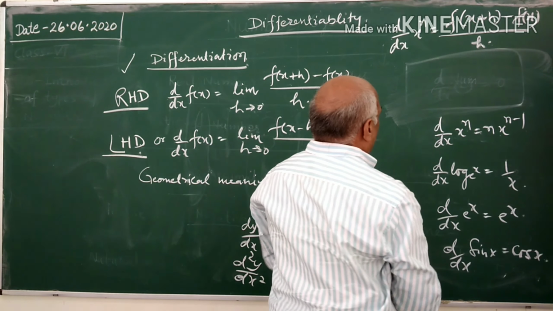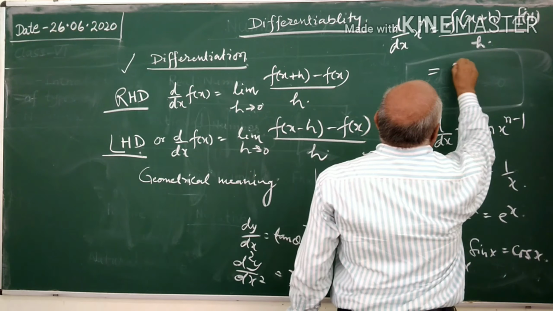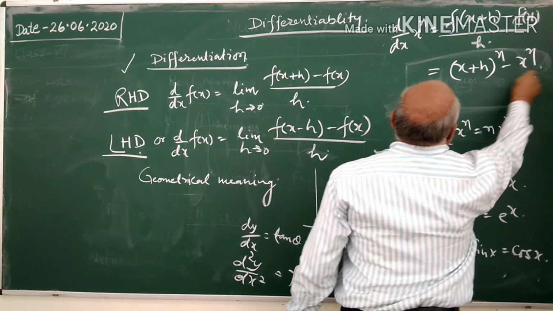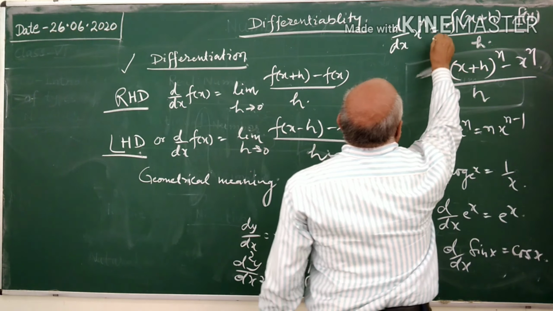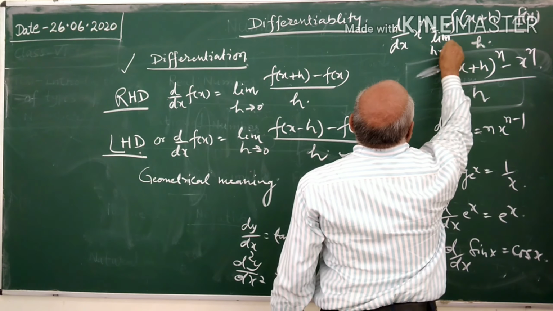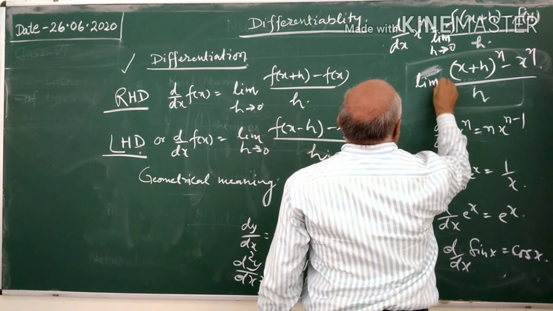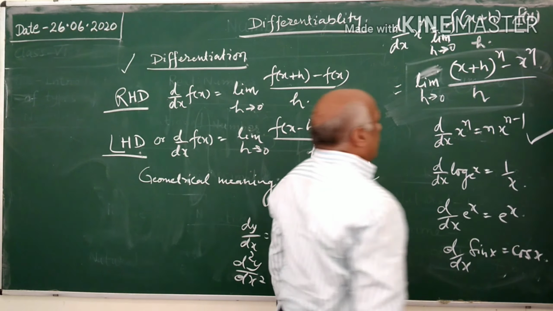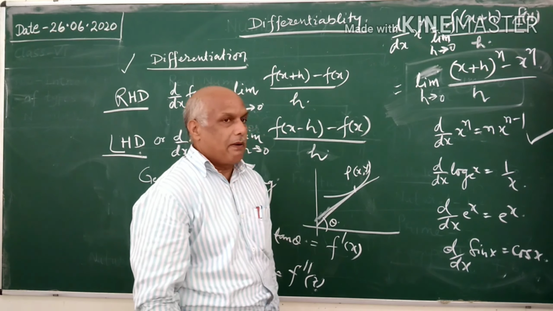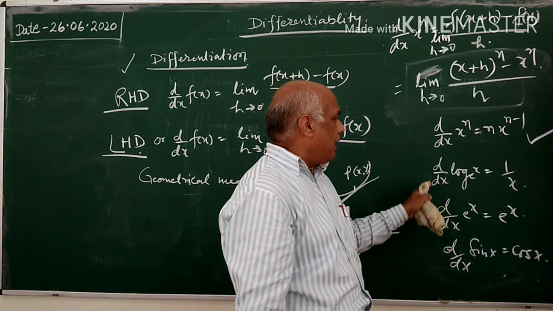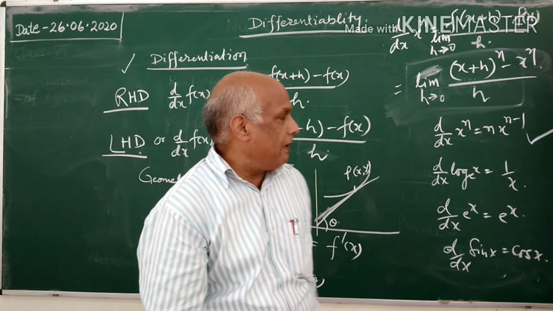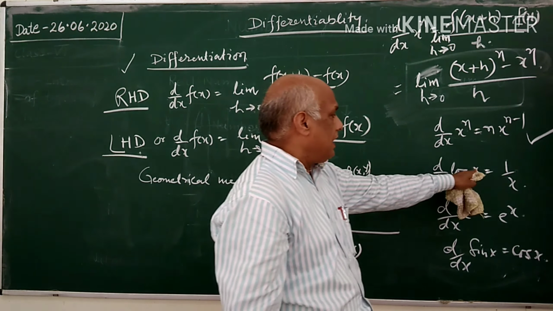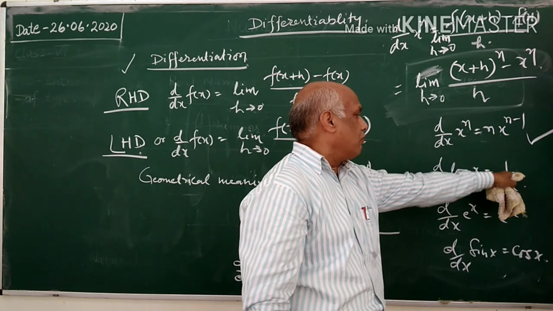We can write it as (x plus h) to the power n minus x to the power n, divided by h, and limit h tends to 0. After solving this, we get dy by dx of x to the power n is equal to n x to the power n minus 1. In a similar way, we have got the differentiation of a logarithmic function: dy by dx of log x to the base e is equal to 1 by x.